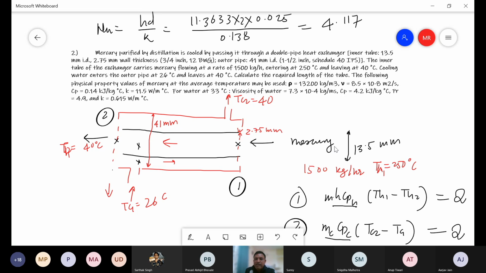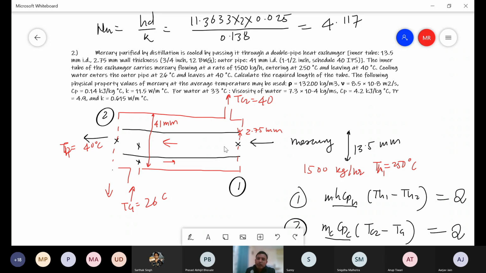So here you can see that the mercury at 250 degrees Celsius is entering at this end 1 and coming out at end 2 here. Okay. All right. So now in this case, one more thing one has to look at.